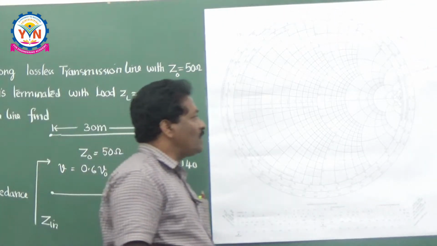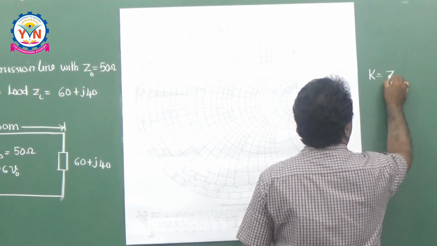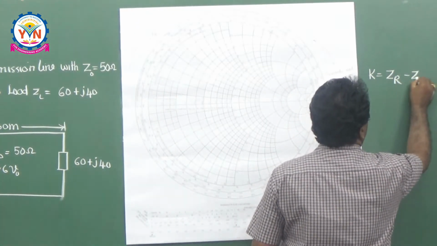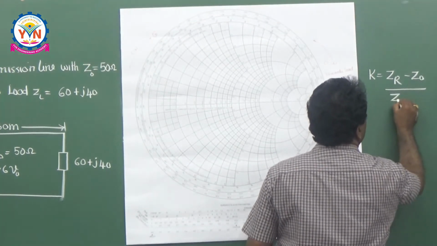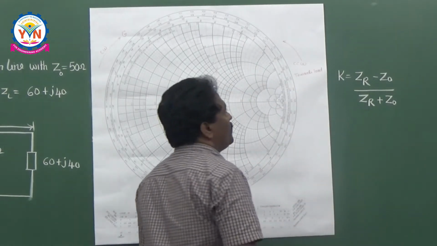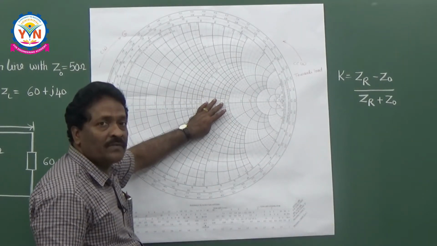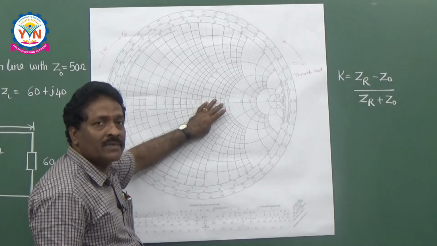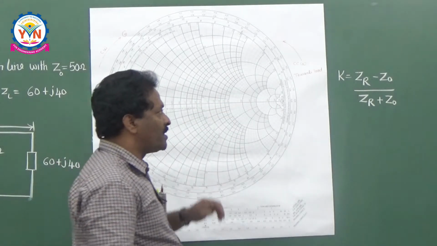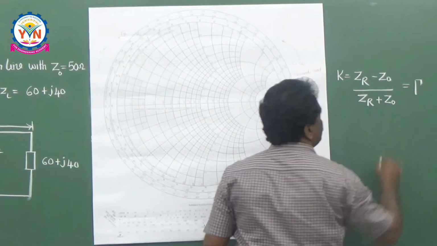So your reflection coefficient K is equal to ZR minus Z0 by ZR plus Z0. This is the basic equation of the reflection coefficient, because the Smith chart is the graphical representation of the reflection coefficient in the complex plane. That's why we calculate the reflection coefficient K, or otherwise gamma.